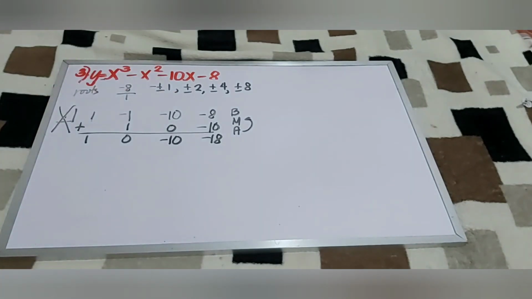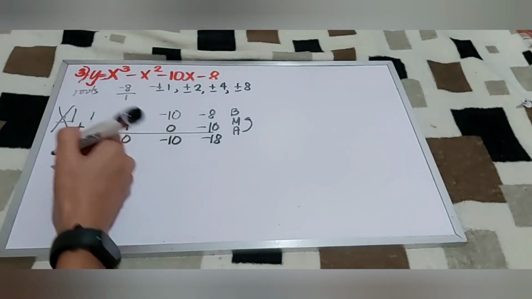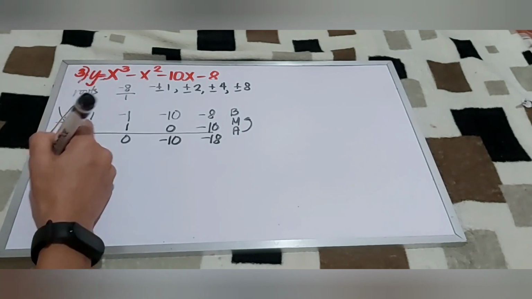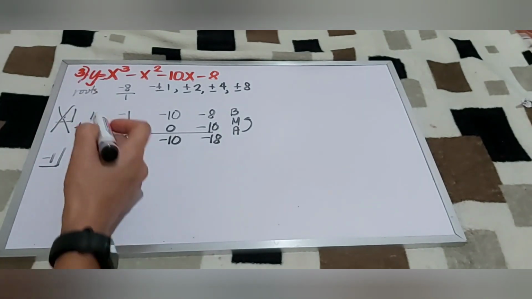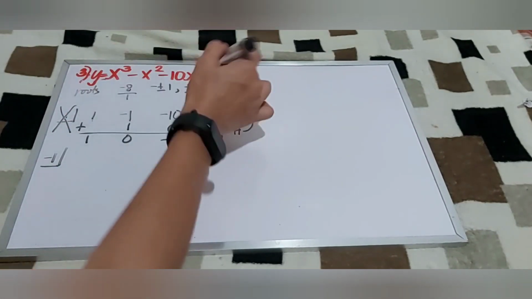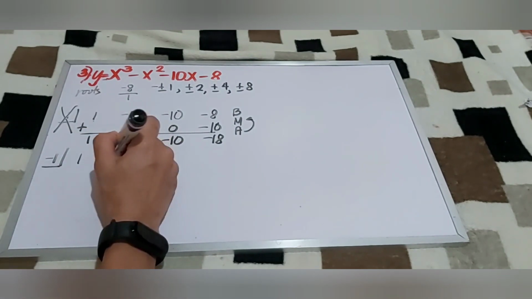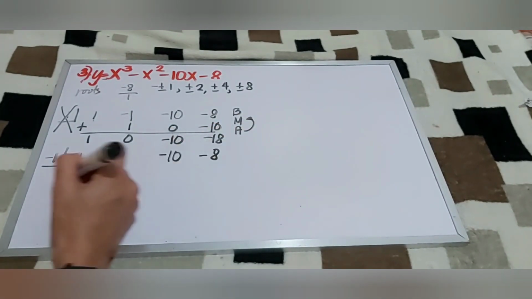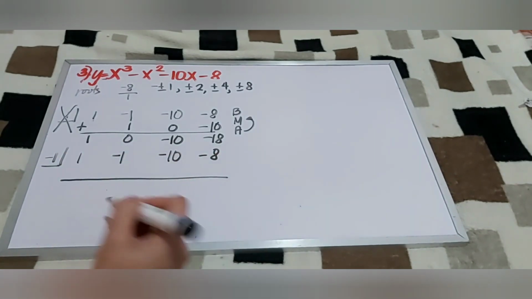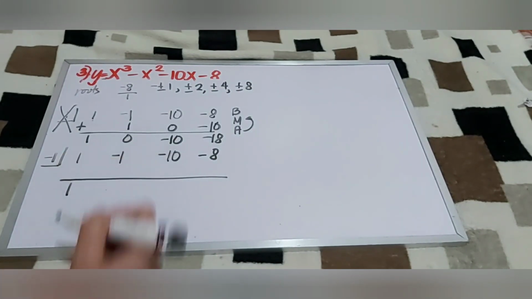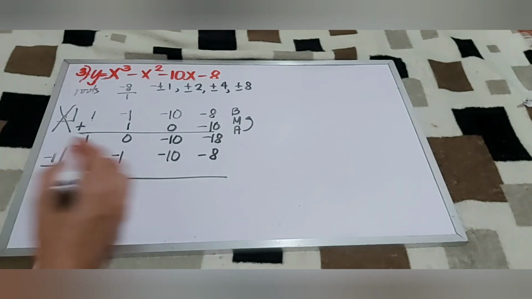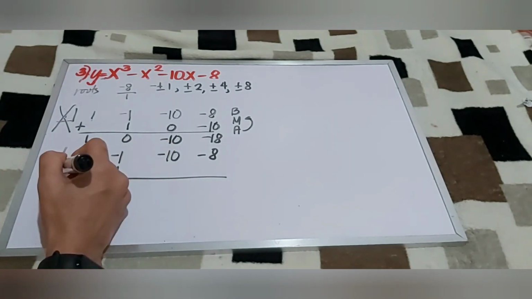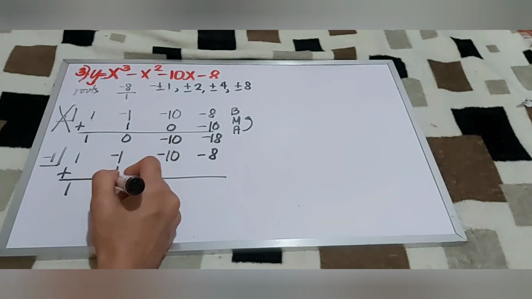Disregard natin siya. So, kung hindi pwede yung positive 1, doon tayo sa negative 1. Okay, babalikan ko yung mga coefficients galing sa ating polynomial. So, 1, negative 1, negative 10, and negative 8. Ayan. So, again, bring down 1. Multiply, this is negative 1. Add, this is negative 2.